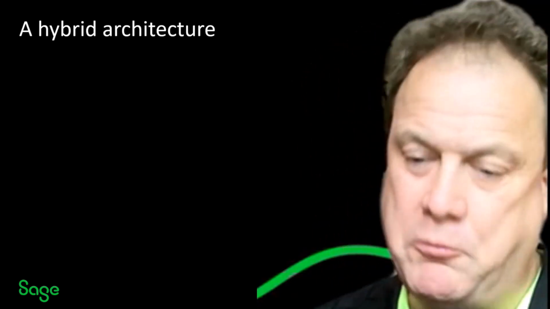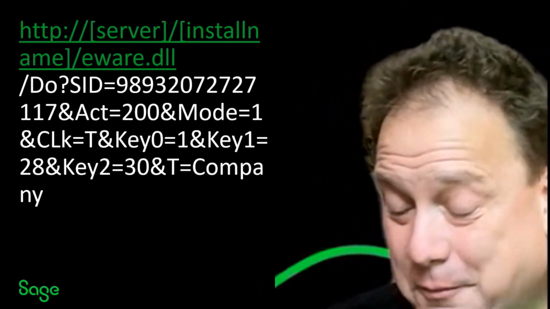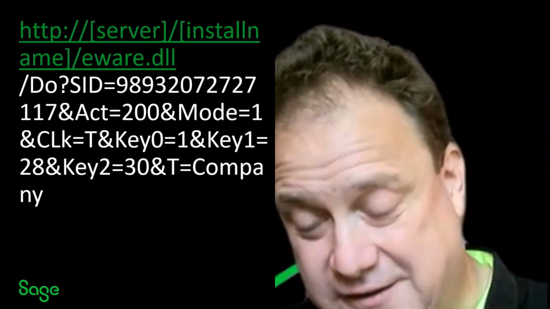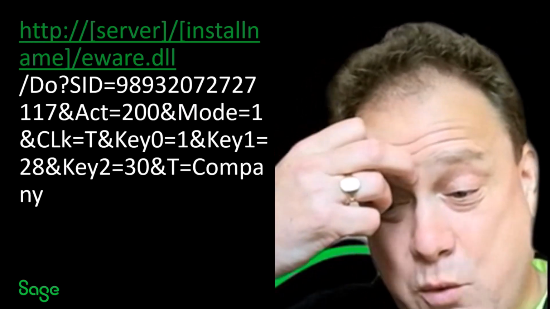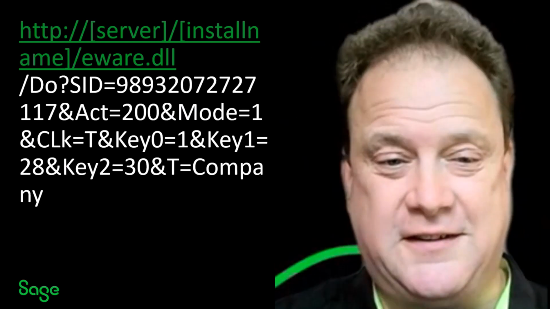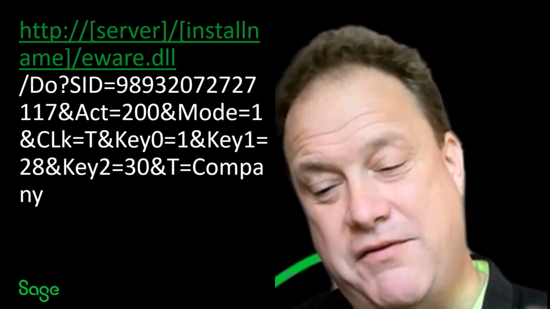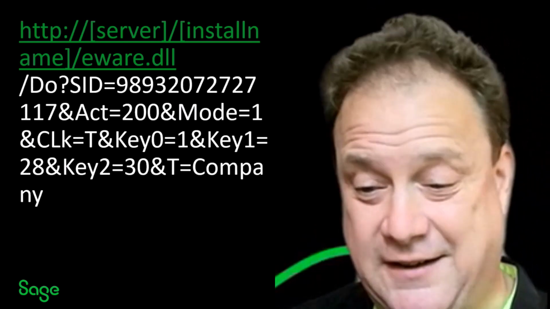Now imagine you're using Sage CRM, and I'm going to assume that everyone is familiar with Sage CRM screens, and you're used to looking at the URLs that you see at the top of your screen. A URL may well look something like this. You're directed at a server, you know the install name, and then you see this marvelous thing called the EWARE-DLL.